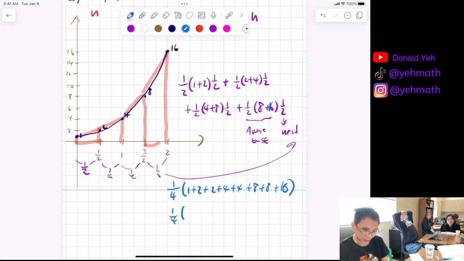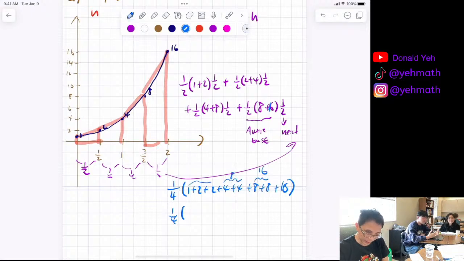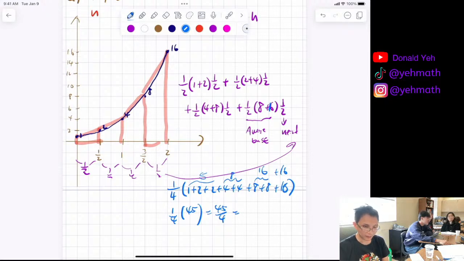So this is 16 and this is 8. This is a 5, so it'll be 5 plus 8 plus 16, so it's 32, 40, 45. 45 over 4. 11.25, which is, what's the average of 7.5 and 15?